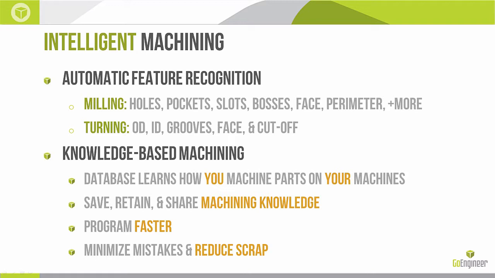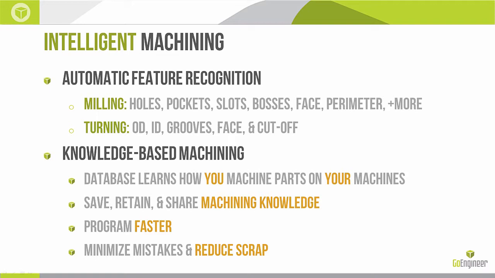Level 2 of the intelligence is what we call knowledge-based machining. Once it has these features, either found automatically or manually set by the machinist or the programmer, step 2 is running those features through a database. Now that database looks at parameters of those features and identifies machining strategies. It also learns from you.